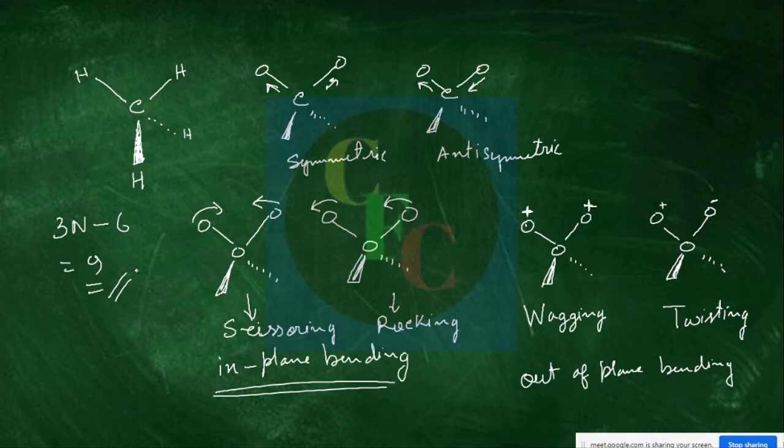So you see these symmetric stretches: for methane, which has zero dipole moment, if it is a symmetric stretch, all the 4 bonds are collapsing together or elongating together, so this vibration will also be IR inactive. Not all the vibrations are IR active; some are IR active and some are not. What is the condition? What is the selection rule?